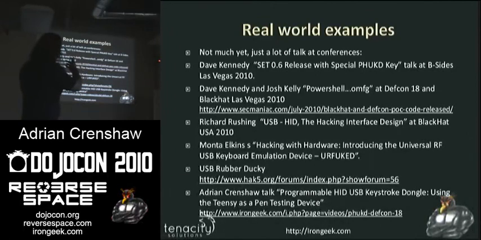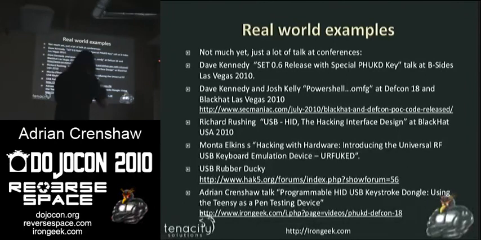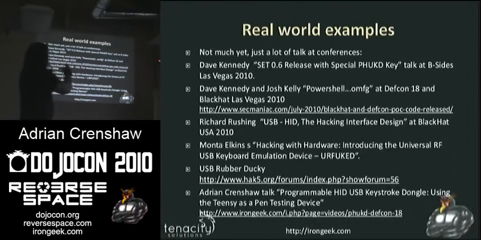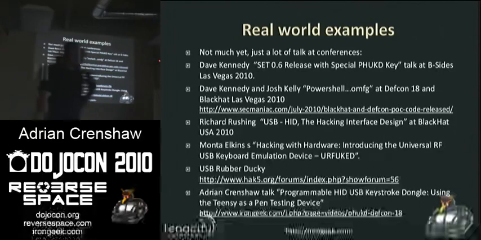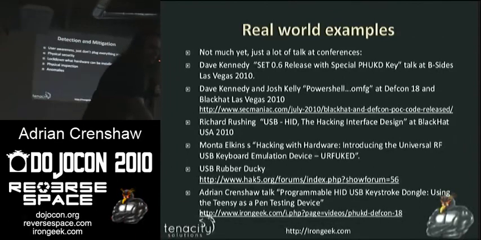He gave a talk on using SET and a payload generated by SET in the Fuck Key to do various things from a social engineering standpoint. Dave Kennedy and Josh Kelly did that PowerShell one. Richard Rushing did a talk as well at Black Hat. Monta Elkins did one as well at DEF CON, because USB Rubber Ducky is based on the exact same chip, and that's out there at Hak5. And of course my own talk from DEF CON as well.